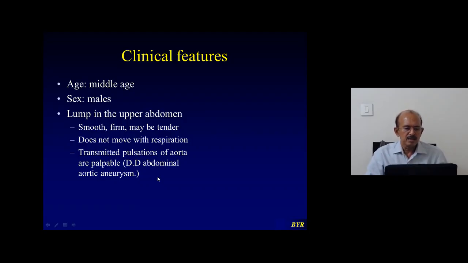All these clinical tests you must be very much aware of, and you must be able to demonstrate them if the examiner asks you. That's why, once the lockdown is over and you go to the hospital, when you find a case of lump in the upper abdomen, look for these transmitted and expansile pulsations.